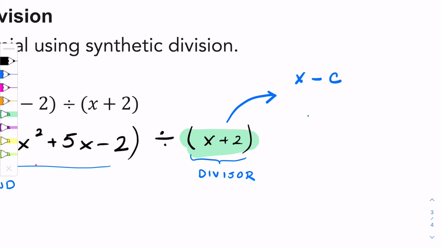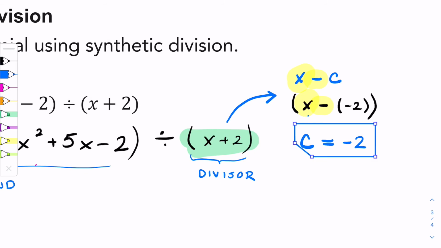That means I'm going to rewrite this expression as x minus negative 2. All right, that would give me x plus 2, but I am in my standard form of x minus. So knowing this, I can tell that my c value is equal to negative 2.